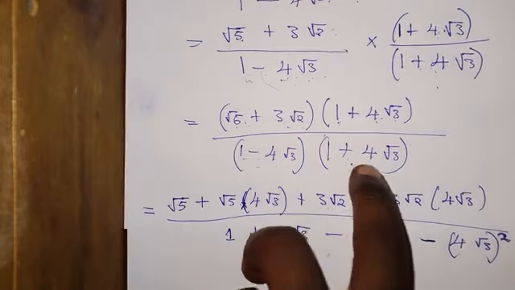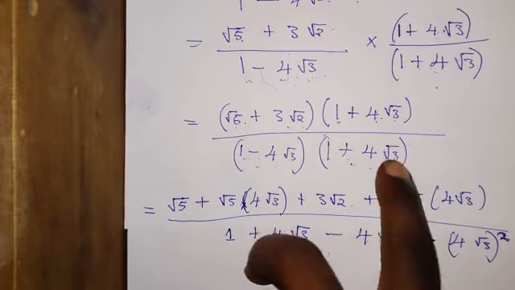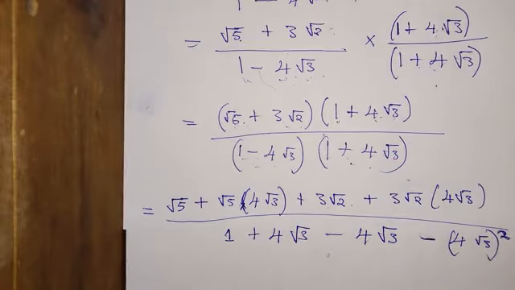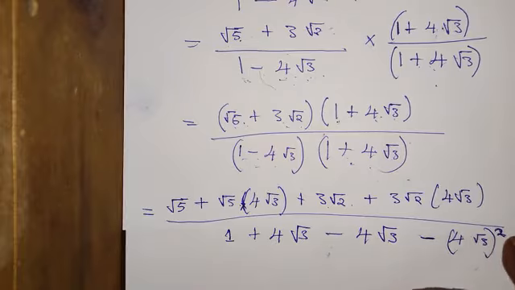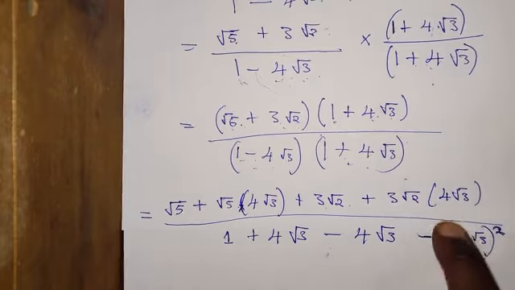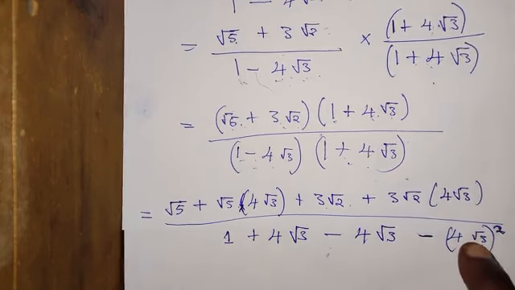It is 4 root 3 multiplied by 4 root 3. It means that 4 root 3 is multiplying by its fellow 4 root 3, so it's multiplied twice. No wonder I've indicated it's 4 root 3 squared, meaning this square is for both the 4 and the root 3.